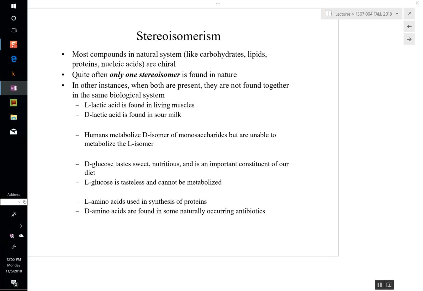It's not sweet. Very subtle difference there, but it doesn't fit into the protein that detects sweetness the way the D fits in there. So it doesn't taste sweet, and it doesn't metabolize. Because it won't be received into a certain pocket of a protein, it won't even be metabolized.